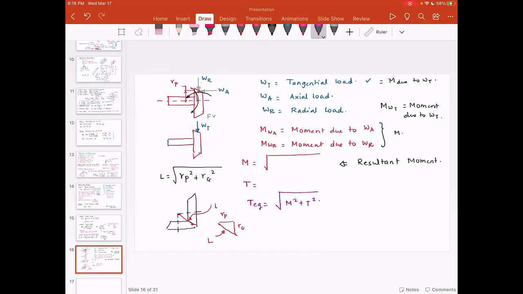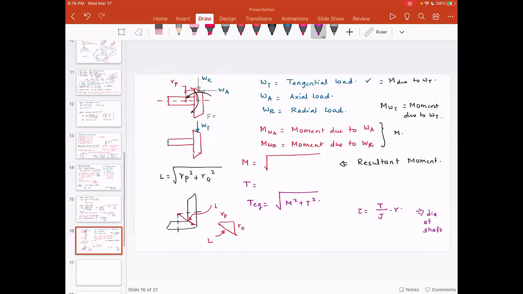And then use the equation tau is equal to T divided by J multiplied by R. And from here, you can find out the diameter of the shaft. So these are the steps for the bevel gear design, and let me work out a few problems.